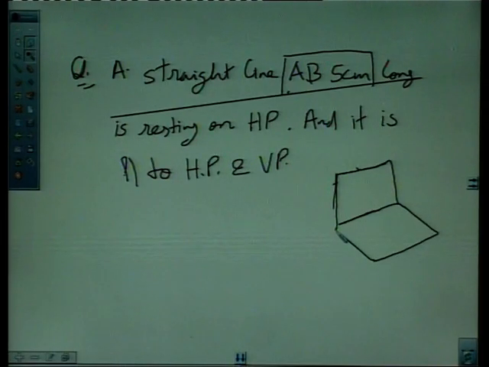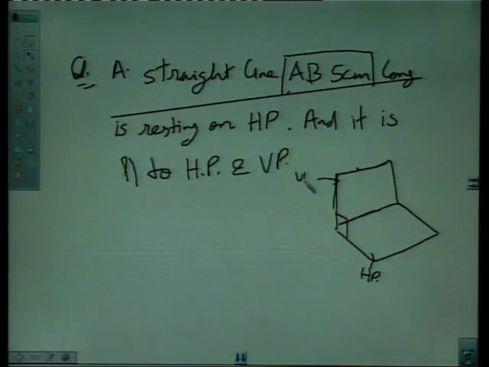So this represents horizontal plane and this part which is making 90-degree angle represents vertical plane. And imagine your pencil as a line AB. So try to place your pencil in this plane.